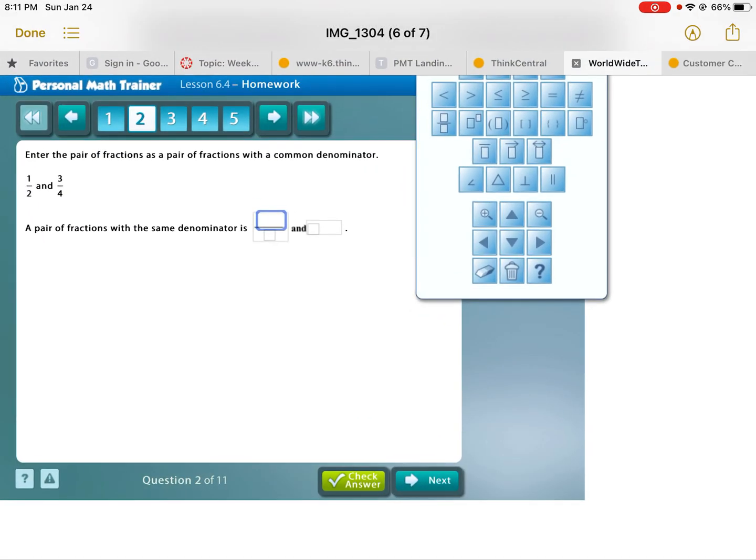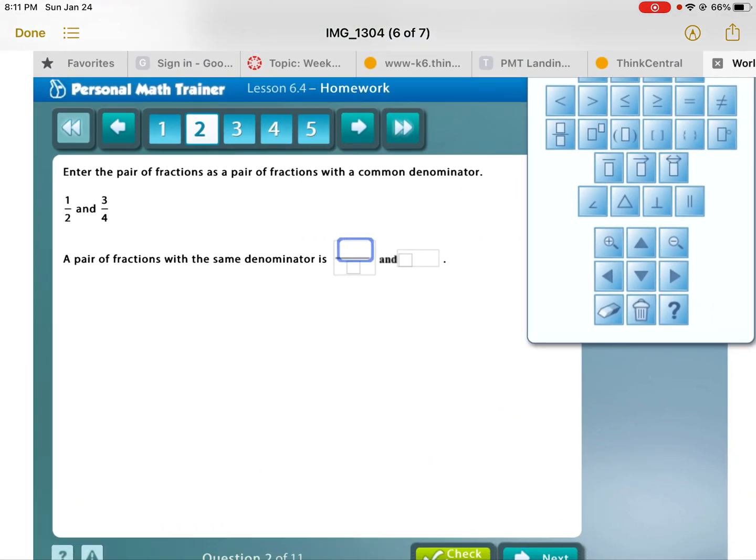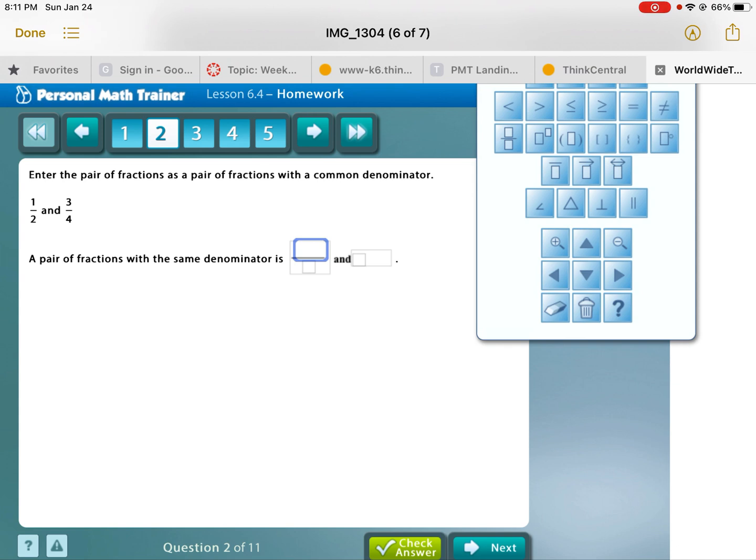Now the next one is why I was writing your workbook problems the way I was. When you see these, you're going to enter the pair of fractions as the pair of fractions with a common denominator. So you're going to rename these two guys, and what you renamed them as is going to go in that box. So this box looks a little funny.